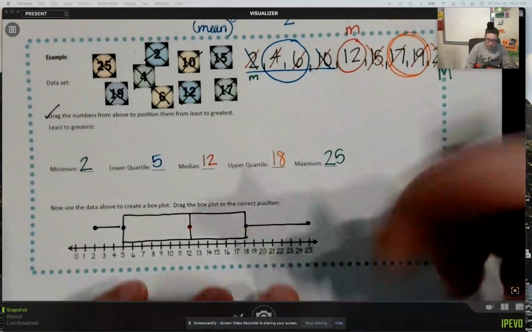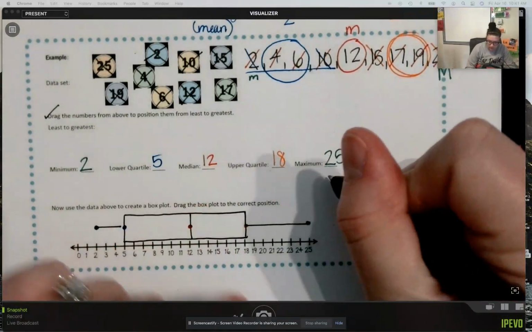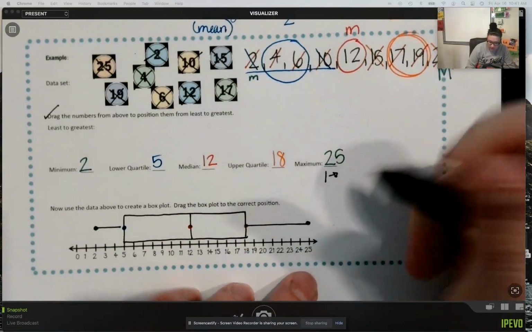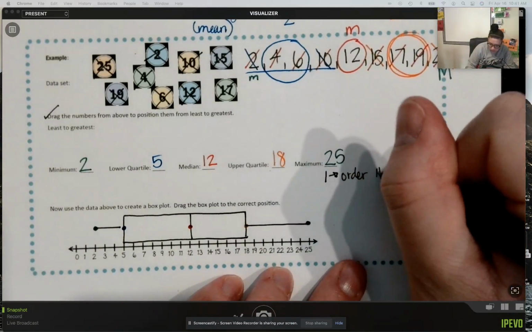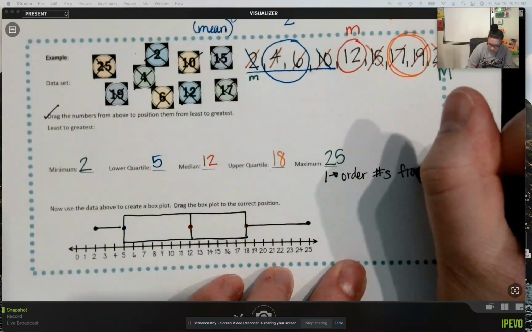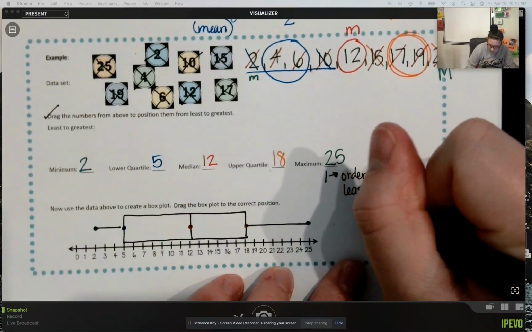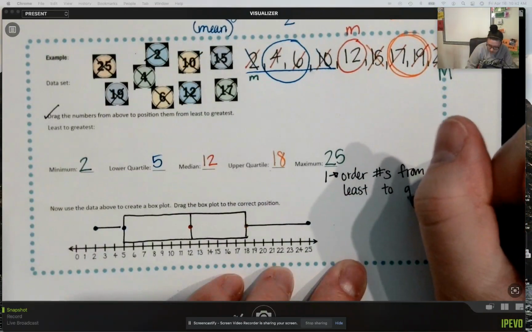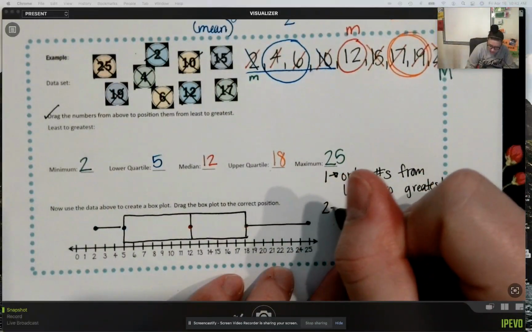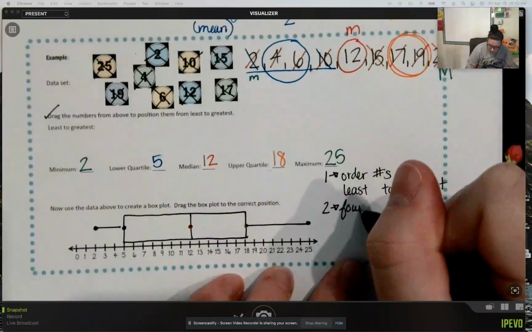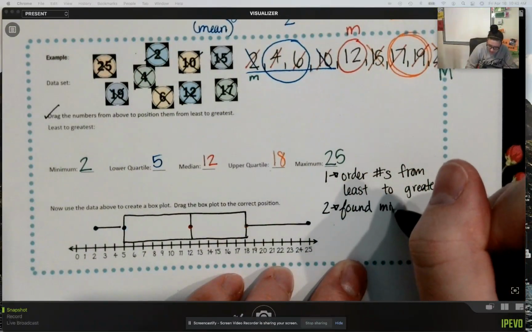So recap one more time. First, we had to put numbers in order, from least to greatest. Then we found the minimum and the maximum.